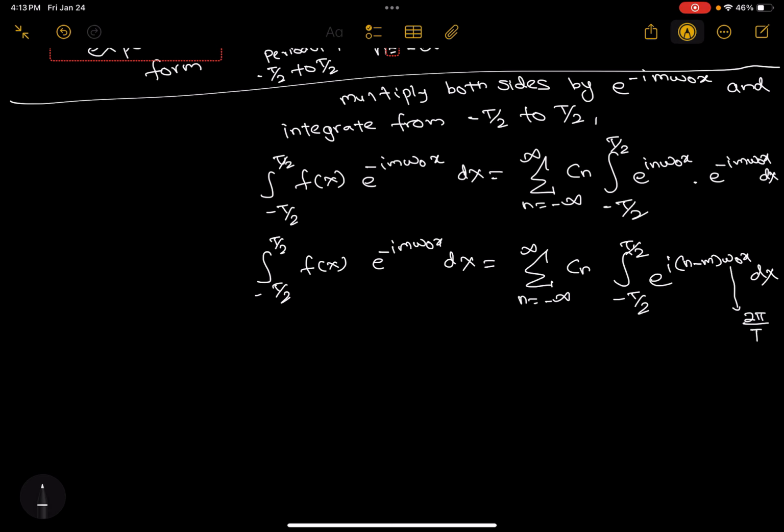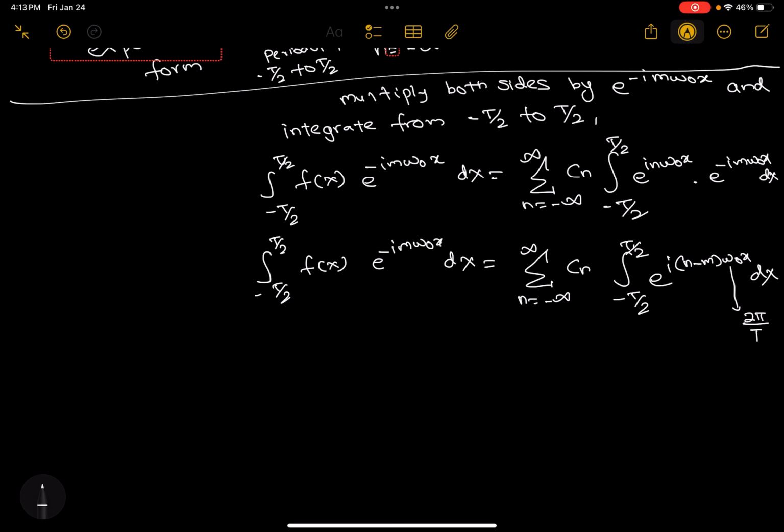In that case, cos 0 is 1 and sin 0 is 0. So in all the other cases, if you integrate over the entire period, these are going to go to 0, right? Except when n minus m itself becomes 0. In that case, there will just be a real 1 for the integration. So when n minus m is not 0, in the entire domain, this integral is going to 0. So we are going to use that.